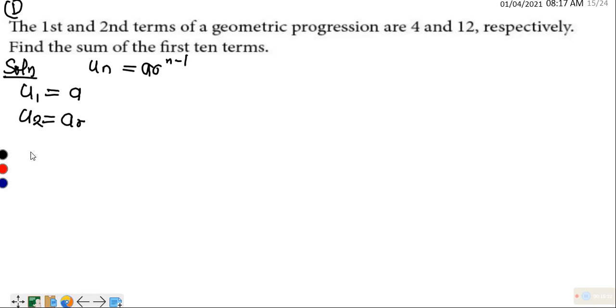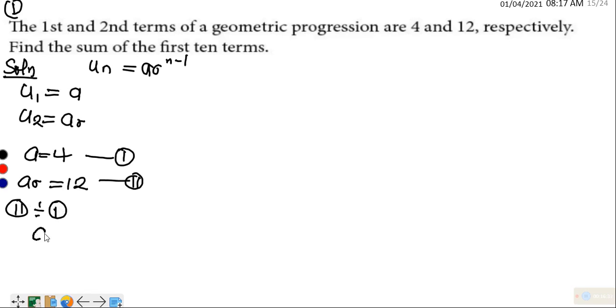Now, the first term a is 4 and the second term ar is 12. So call this 1, call this 2. If we divide 2 by 1, we have ar over a equals 12 over 4, and a will cancel a here, 4 here, 3. So r equals 3.